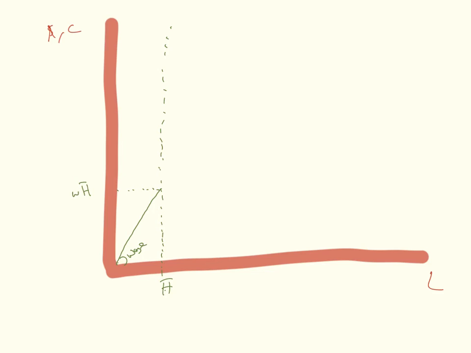Now, the problem here is that our agent would like to consume more than W times H bar. But there's a binding constraint on hours available in the market. H bar is all that they can work.